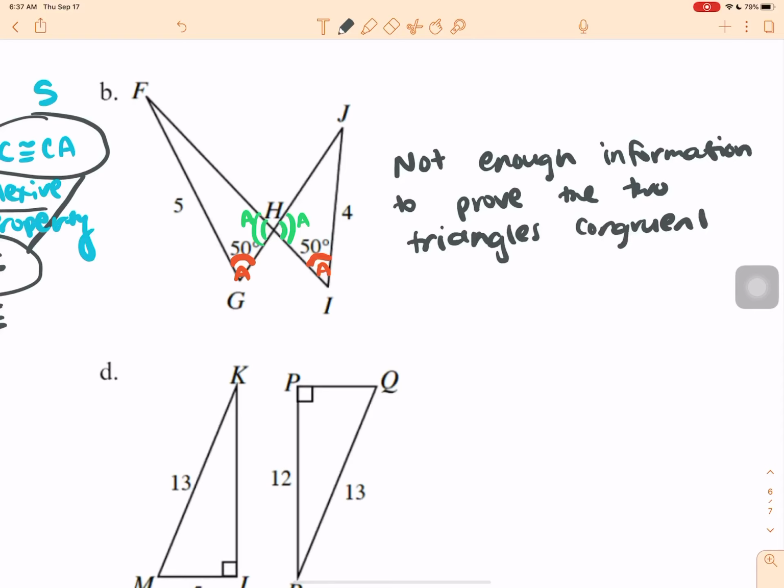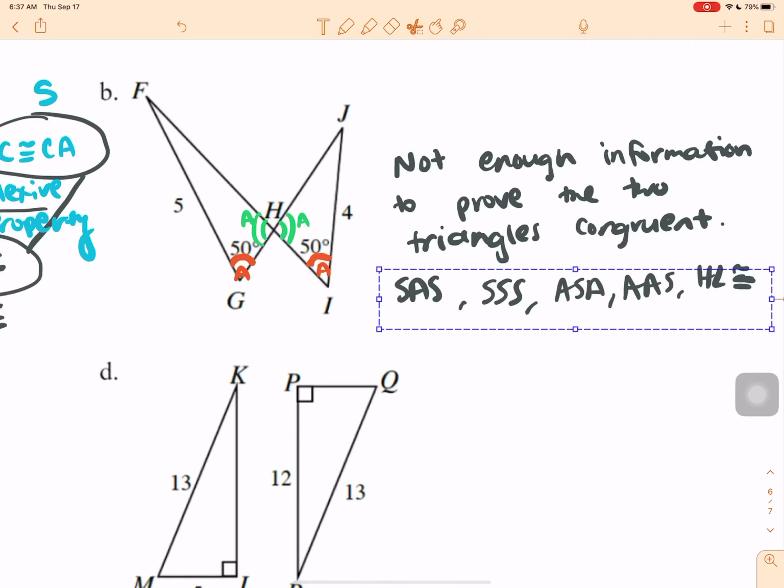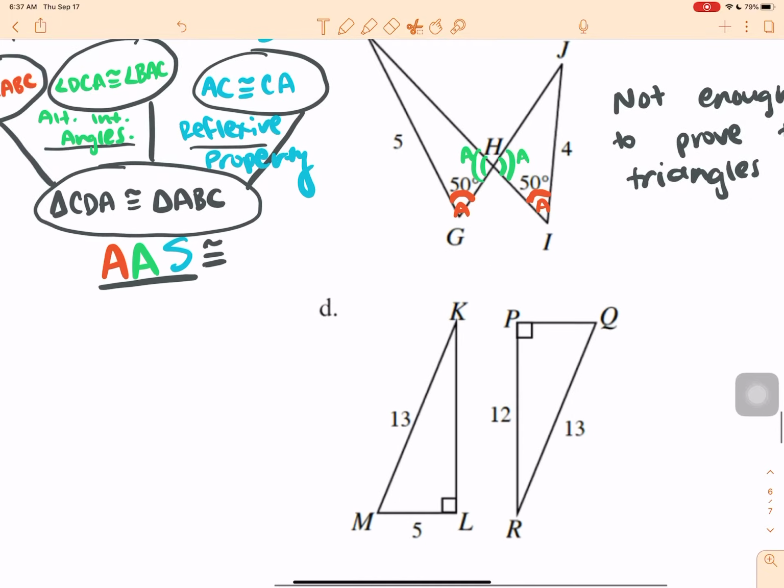And that's because we have to choose from SAS, SSS, angle side angle, or AAS, or hypotenuse leg. So in order to use both angles, it has to be one of these two, but we don't have any sides that are congruent. So it's impossible for us to prove that these two triangles are indeed congruent. Right, so moving on to part C.